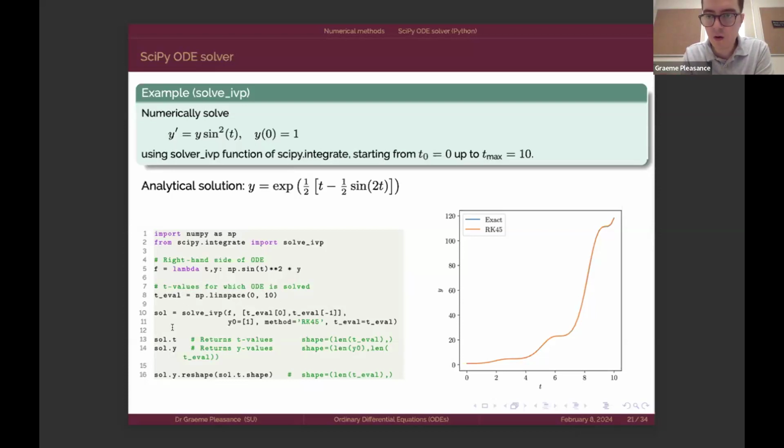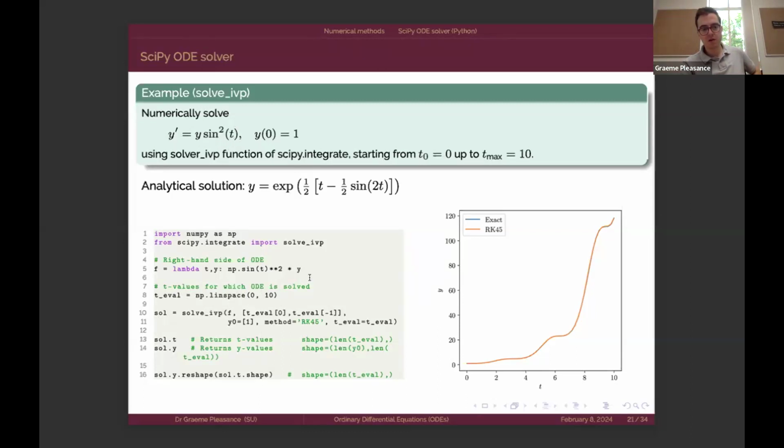Okay, and so the way that you now use this function: the solve_ivp function has a number of arguments. The first argument is just the function that represents the right hand side of this equation. In this case, it's just this lambda function f.